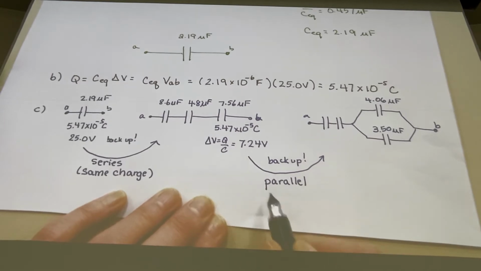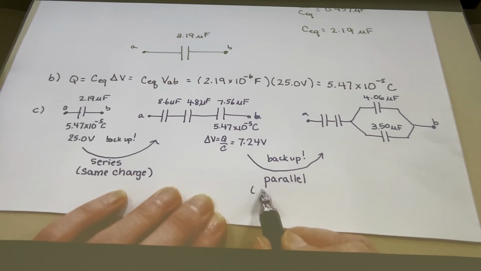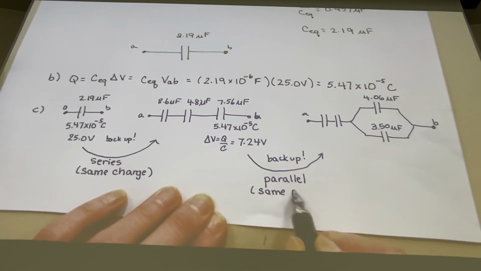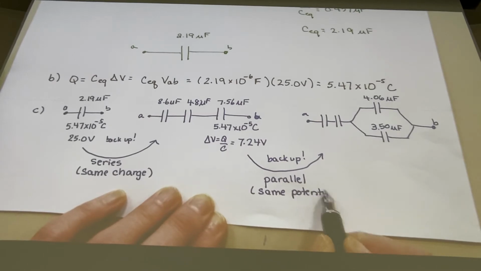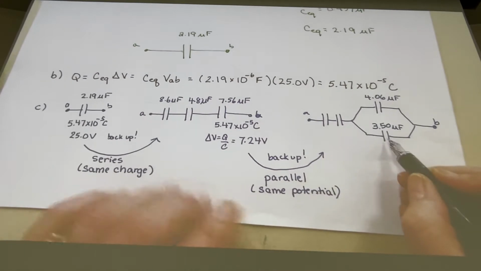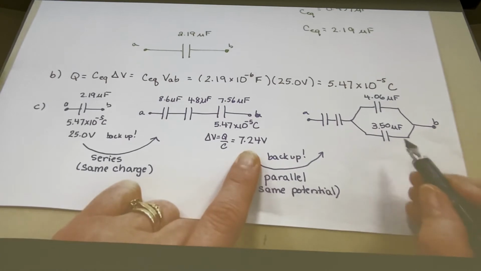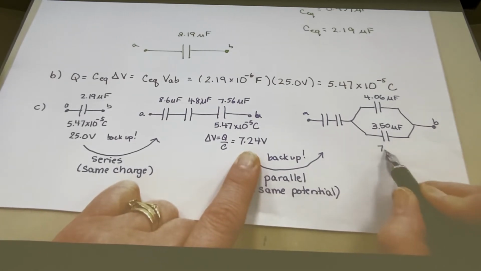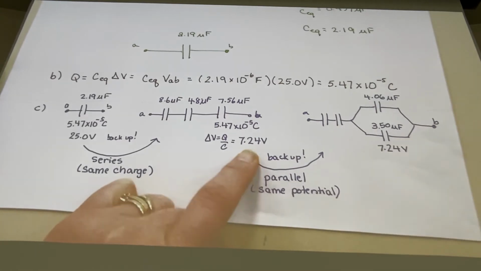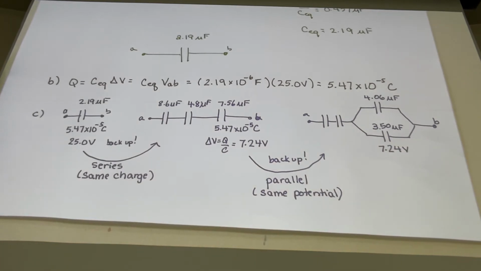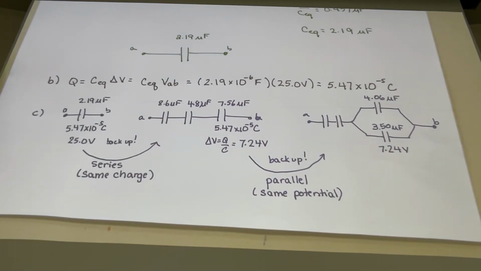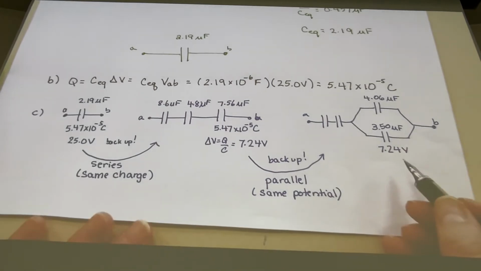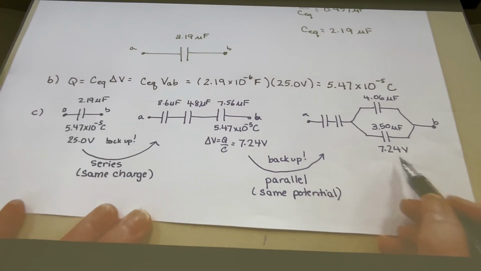What we know about parallel combinations is same potential. So on this 3.5, we can go ahead and write 7.24 volts. Okay, and it has to be 7.24 because all things in parallel have the same potential. Our question asked how much charge was there.